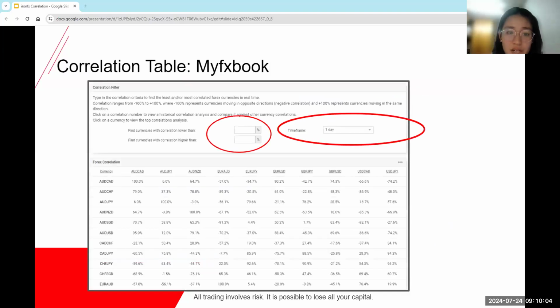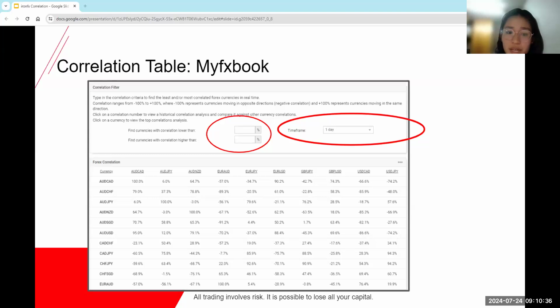Okay, now let's look at a correlation table. My FX book actually has a correlation table that you can use to find the most positive and most negative correlated currencies in real time. You can make use of the filter here and adjust the time frame to whatever you prefer. We typically want to look for correlations that are higher than 80 and lower than negative 80.